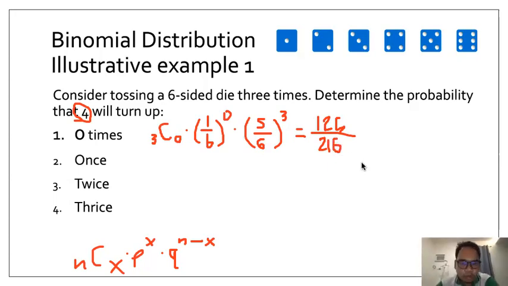Okay, so we're going to do similar cases with once, twice, and thrice here. For once, all the x's, you would change to 1. The exponent in the q becomes 2. So the answer there for once is 25 over 72.